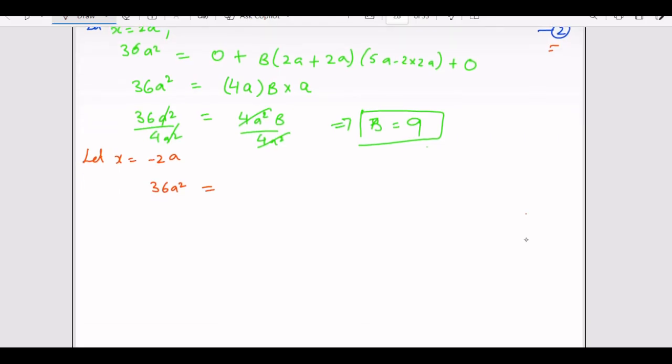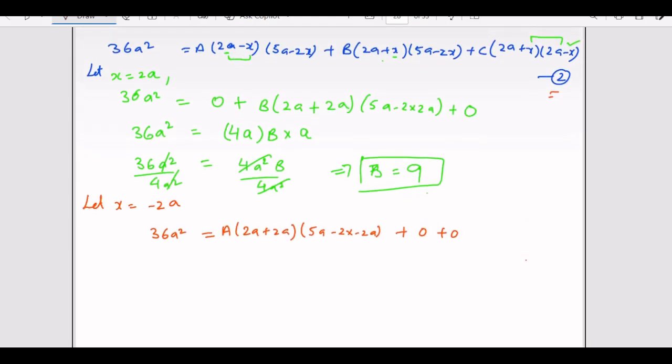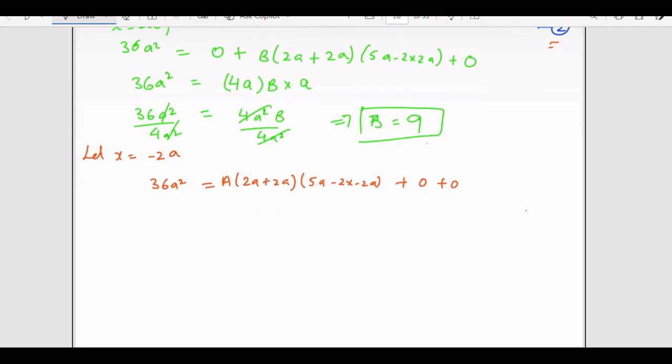So we are going to put a into 2a plus 2a, then 5a minus 2 times -2a. Okay, then this is 0 and 0, because we have these terms that will make it 0. x is 2a and 2a here, -2a here.